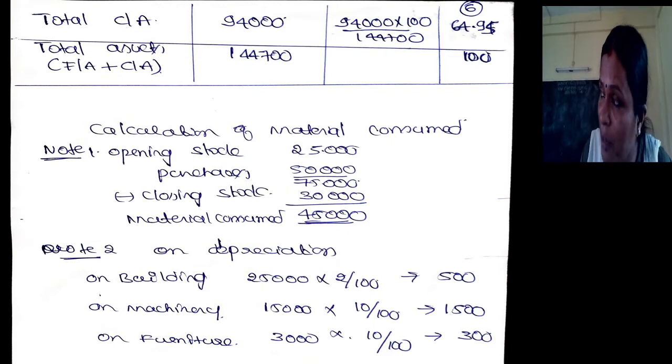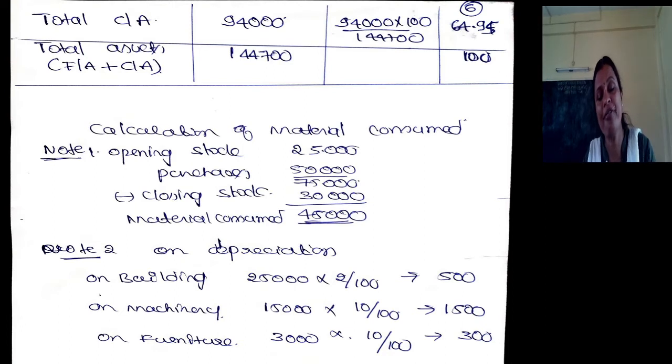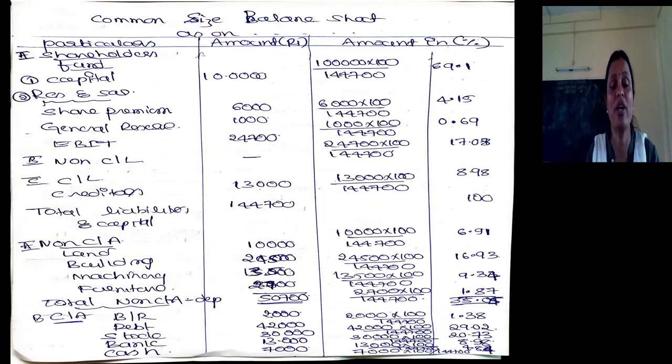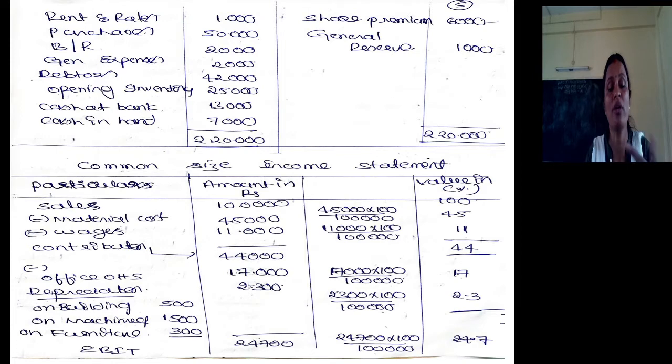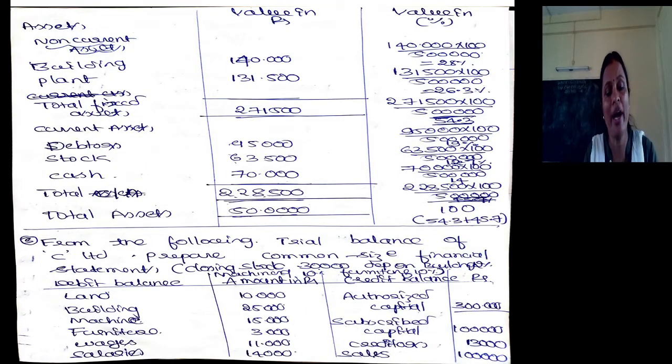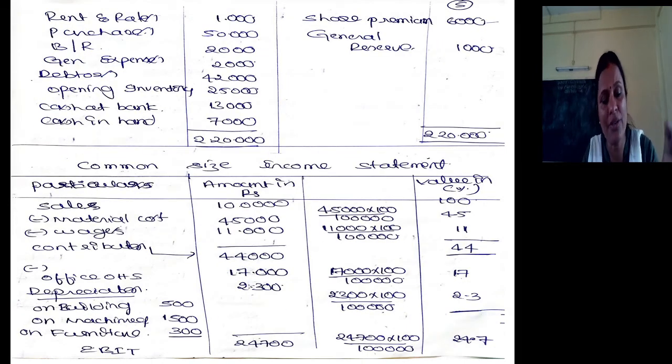Then as far as depreciation is concerned, on 25,000 at 2% is 500, on 15,000 at 10% is 1,500, on 3,000 at 10% is 300. This is how I calculated depreciation. So as a note, I showed you how I arrived at depreciation as well as material cost. Material cost means material consumption cost.